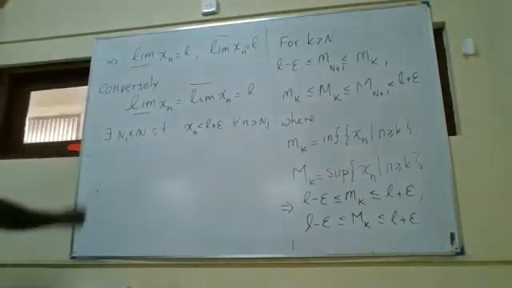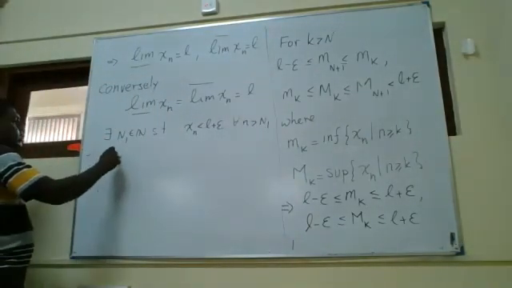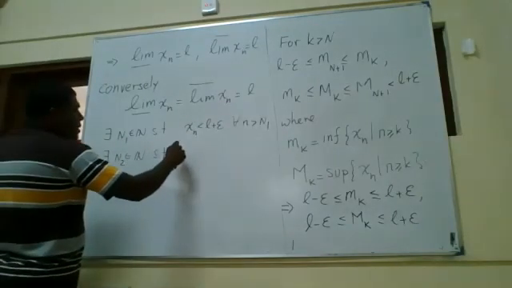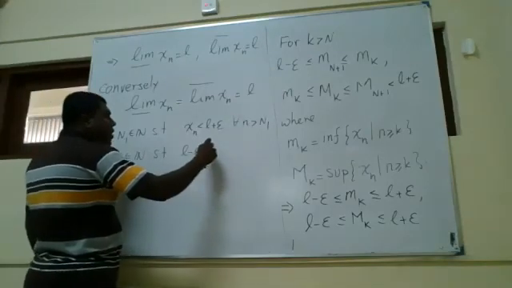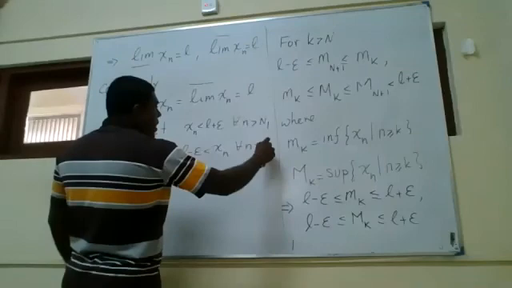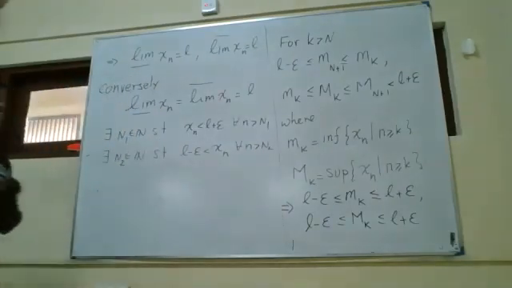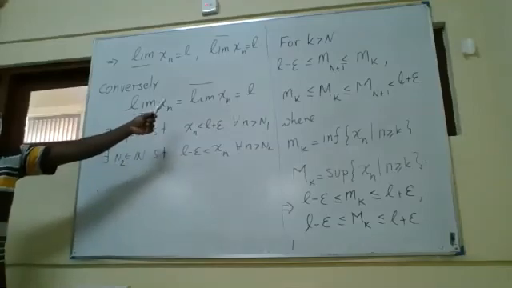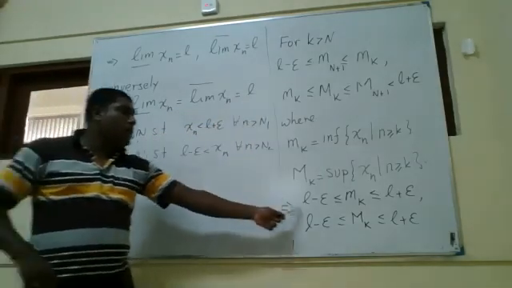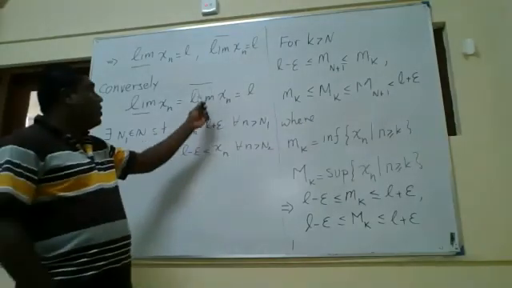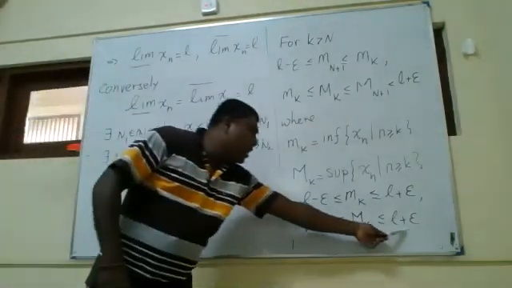And from the other result, there exists N2 such that L minus epsilon is less than Xn for all n greater than N2. This is what you get when you write the definition of lower limit equal to L, and upper limit equal to L.